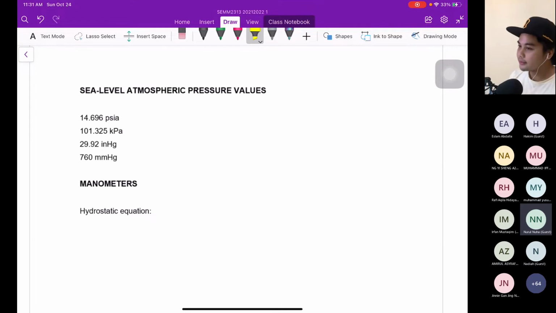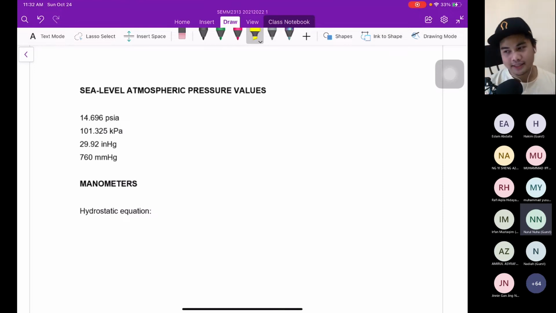So that means we consider sea level as 0. Why not consider any mountain as the reference? Because we have so many mountains. Mountain A has a different height, mountain B another height. How about the sea? The sea has the same surface, right?